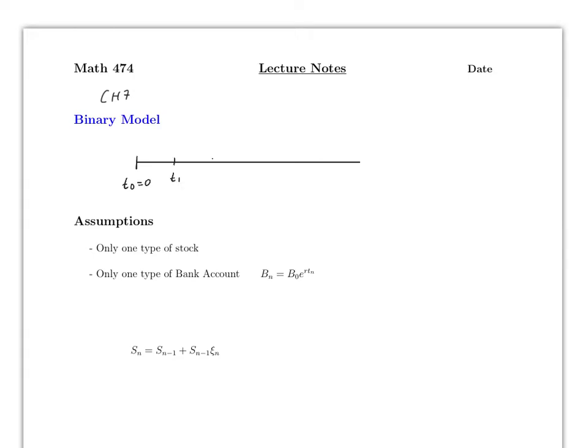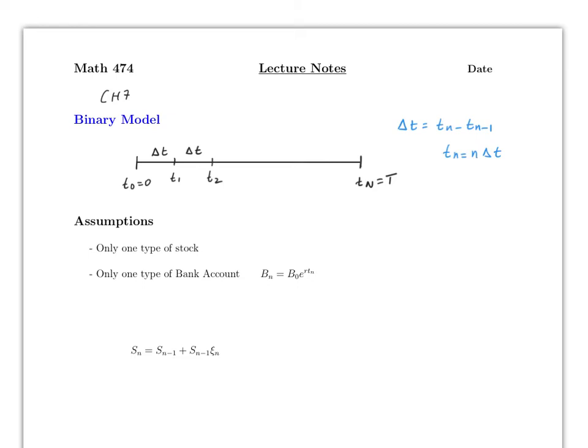It will be t1, t2, and then at the end you have tn, which has to be the expiration time, the same expiration time we had before, and the length of each interval will be delta t, where delta t is simply tn minus t(n-1), and obviously tn equals n times delta t.